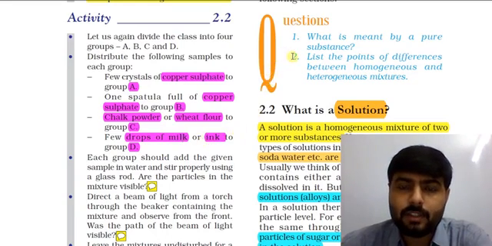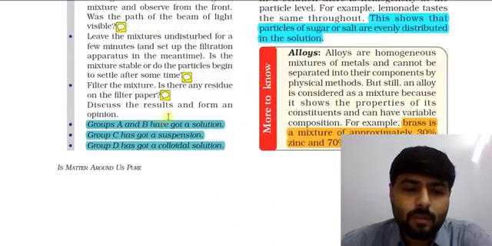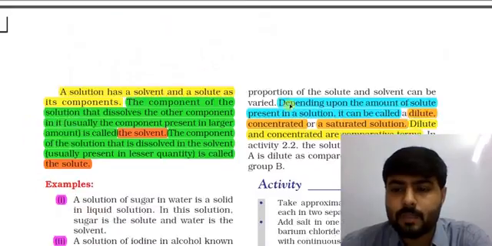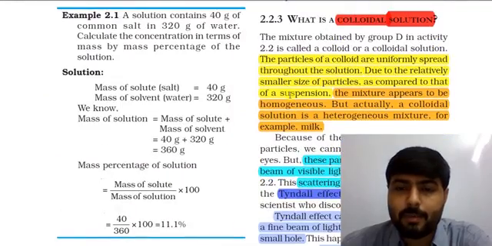So that is what we call colloidal solution or colloid. Here also we deduce from the activity that group D has got a colloidal solution. So let's see what is colloidal solution actually, what are the properties of colloidal solution.